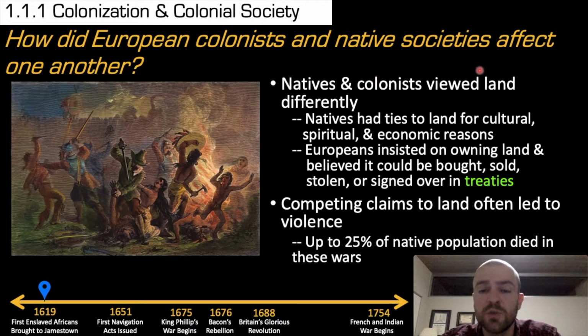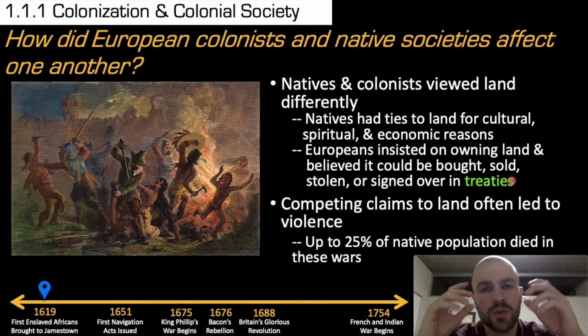Natives and colonists viewed land differently, and this was a huge problem during the colonial era. Natives had ties to land for cultural, spiritual, and economic reasons. Europeans, however, insisted on owning land and believed that it could be bought, sold, stolen, or signed over in treaties.